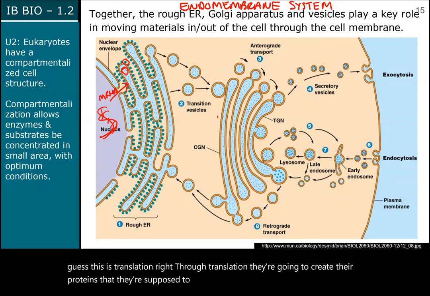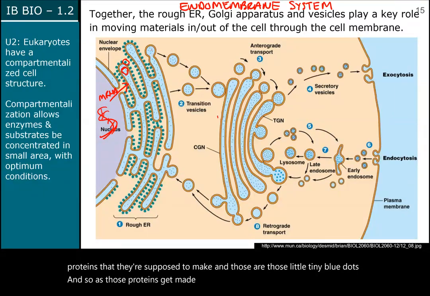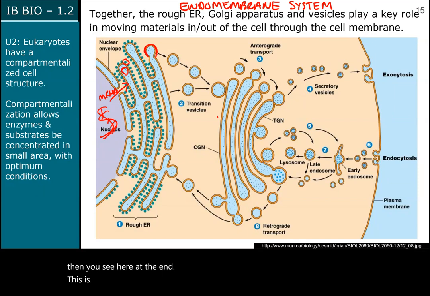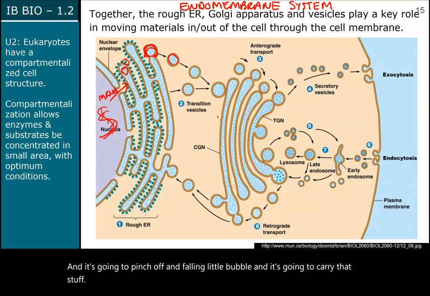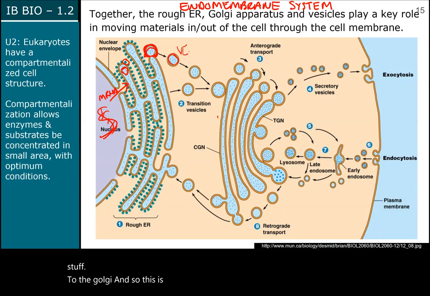And those are those little tiny blue dots. And so as those proteins get made, they get pushed out. And then you see here at the end, this is some of that endomembrane. It's going to pinch off and form a little bubble, and it's going to carry that stuff to the Golgi. So this is a vesicle, right? Now that membrane is going to merge and those proteins are going to get dumped in here.